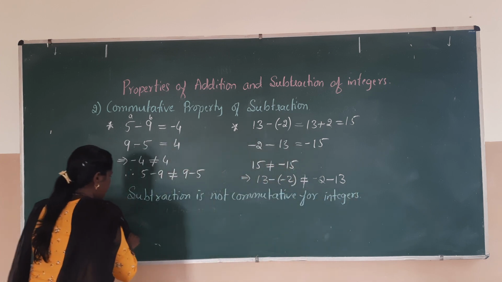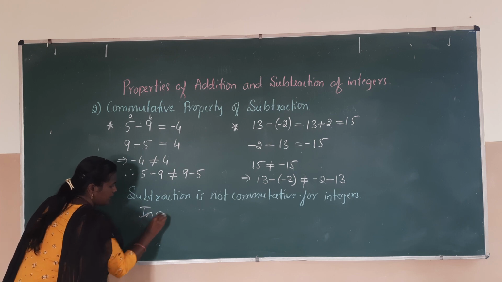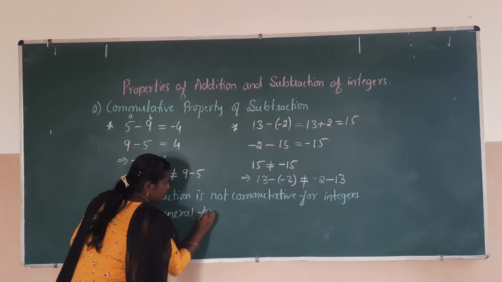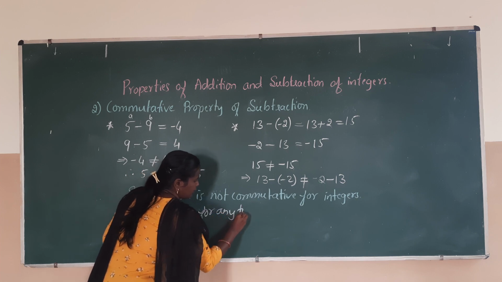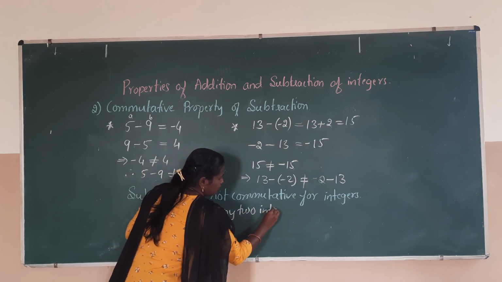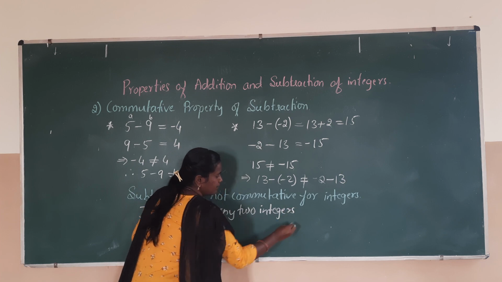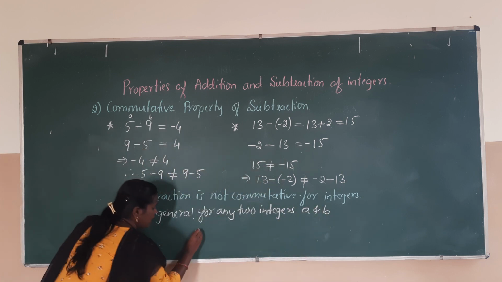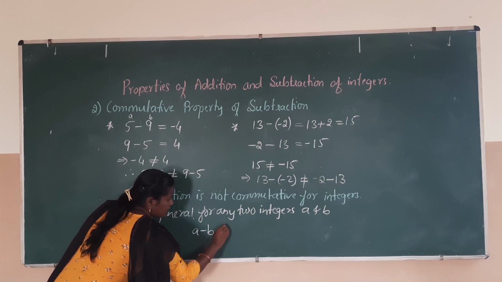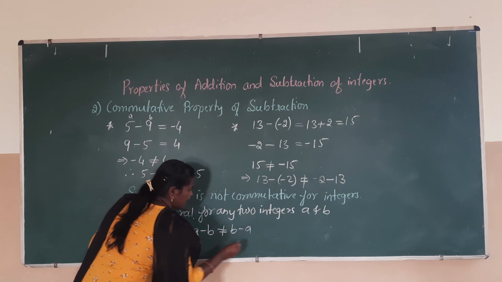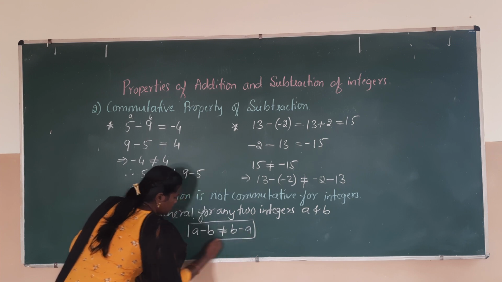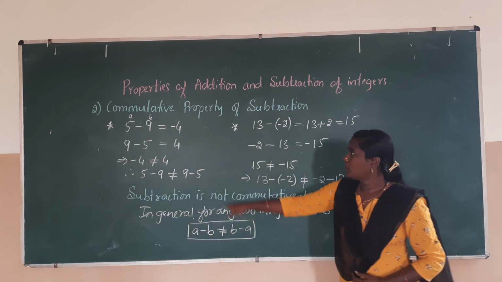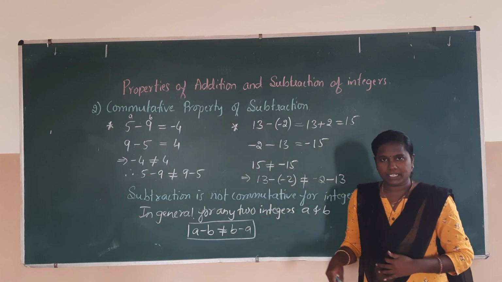In general, for any two integers A and B, A minus B is not equal to B minus A. So this is the general statement that can be given for the commutative property of subtraction.